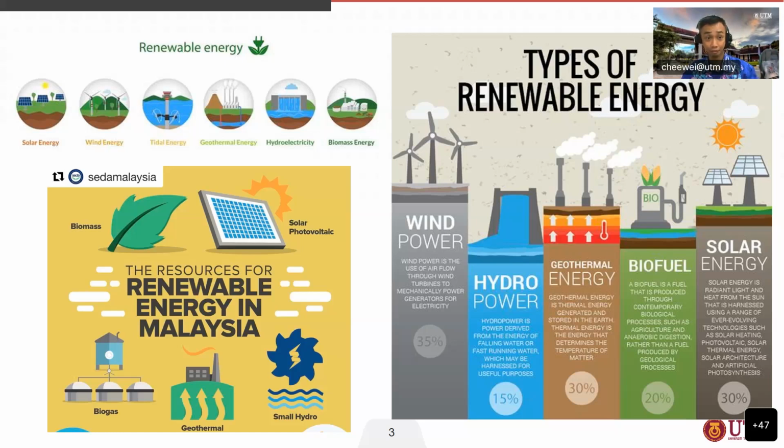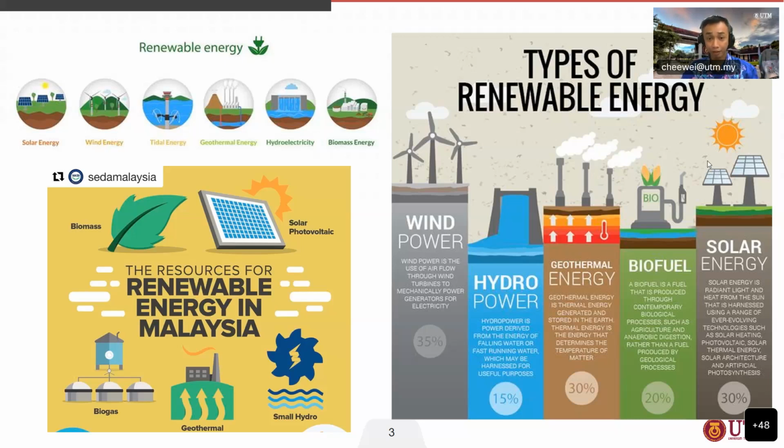The answer is displayed on the slide, right? Can you see my slide? Yes. So what's the answer? Geothermal. Okay. Any more? Biofuel. Yes, thank you.